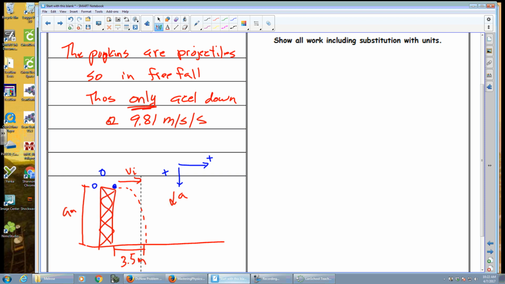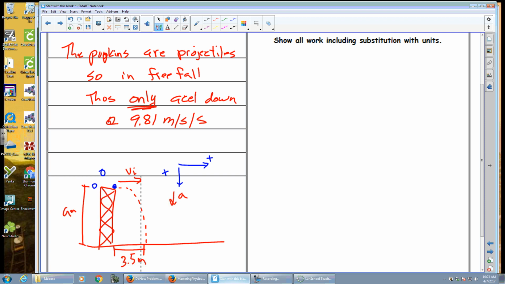So the time is going to be controlled by my y direction, and however much time I have to fall down, that's the exact same amount of time I have to move outwards. So I think my best approach would be to go with the y dimension, find out how much time the pumpkin takes to drop, and then say, okay, if I have that much time, how fast do I have to move 3.5 meters in that time? So that'll be all x direction then.